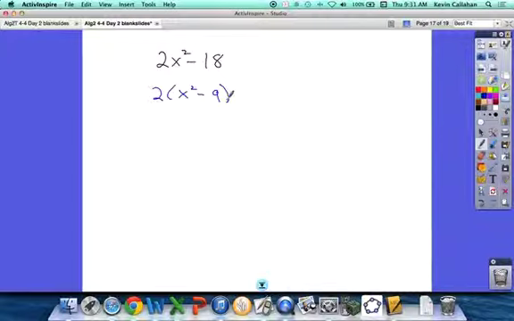After I take out the 2, now that's a difference of squares. 2 times x plus 3 times x minus 3. Good to go. Okay. Sam, good?